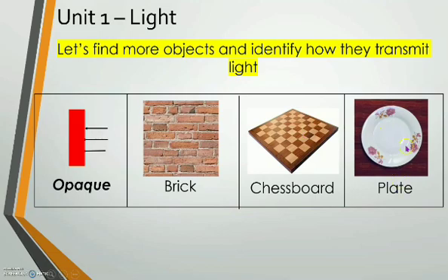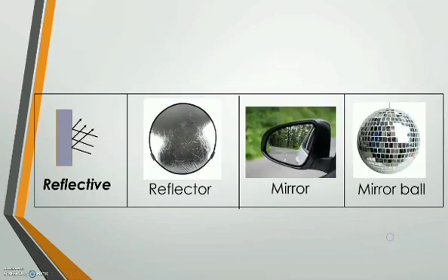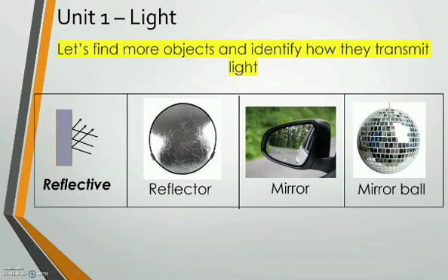Next, plate. Plate is an opaque material because when the light hits the plate, we cannot see through the plate. Next, reflective. Everybody, reflective. Very good.